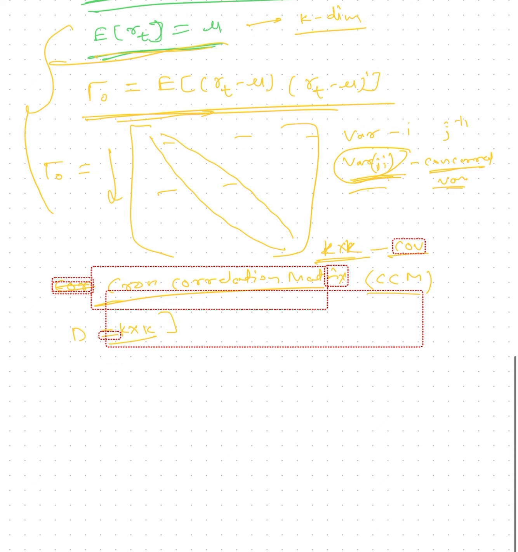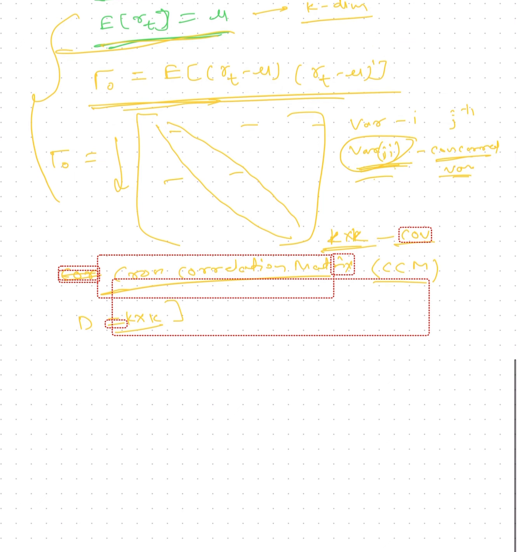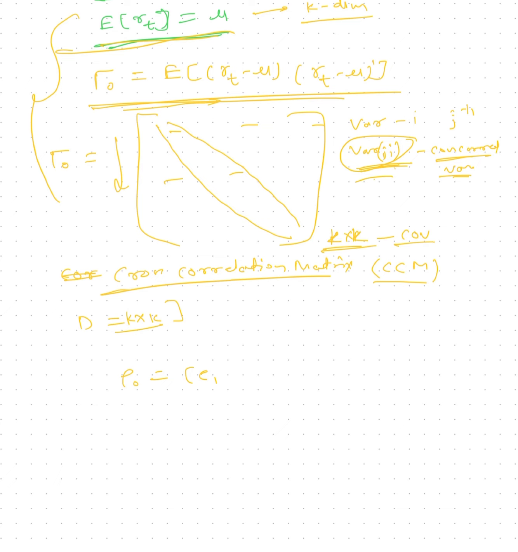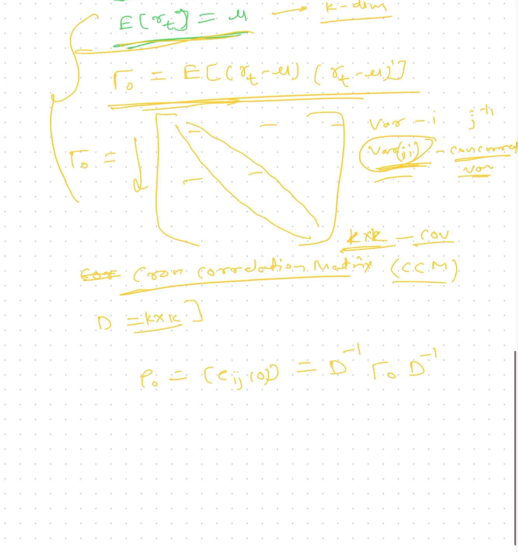Generally the Cholesky decomposition is used to calculate rho 0, which is rho of ij, the concurrent relationship at lag 0. It is generally calculated as the inverse of the diagonal matrix multiplied by the covariance matrix multiplied by the inverse of the diagonal matrix.